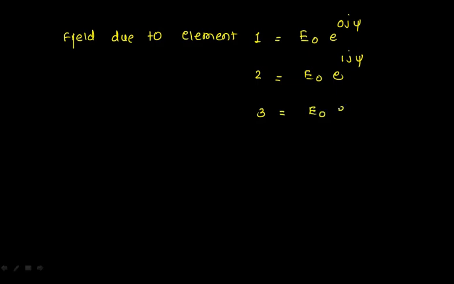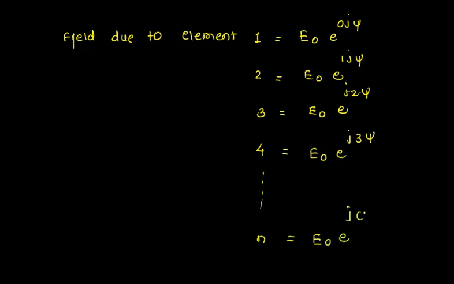It will be E0 e raised to j 2 psi, or you can write 2j psi, it will be the same. Because of 4, it will be E0 e raised to j 3 psi. If I am using n such elements, I'll get E0 e raised to j (n minus 1) psi. So these are nothing but the fields produced because of each and every element.